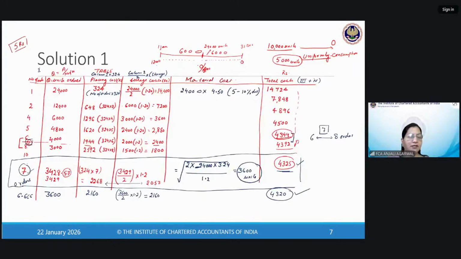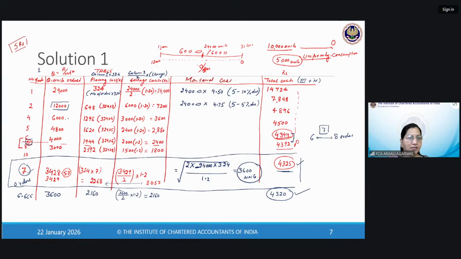Supposing he says that if you buy 12,000 units, or more than 10,000 units but less than 20,000 units, I am going to give you a 5% discount. Then these 12,000 units in two lots, that means the total of 24,000 units in two lots, will cost us 5 minus 5% discount, so 4.75.